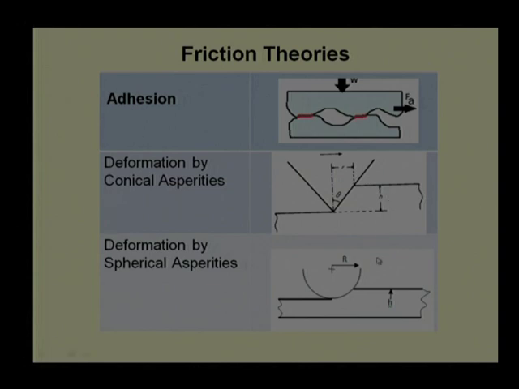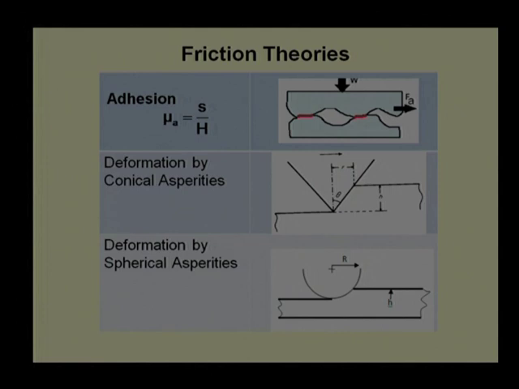In the second and third, it is a displacement of surface, displacement of material due to the asperities of hard material, and we develop mathematical relations. For adhesion, we say it is a ratio of shear strength to the hardness.